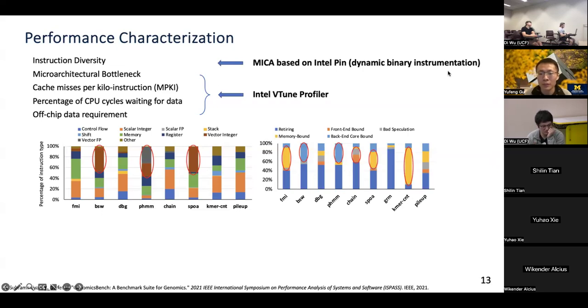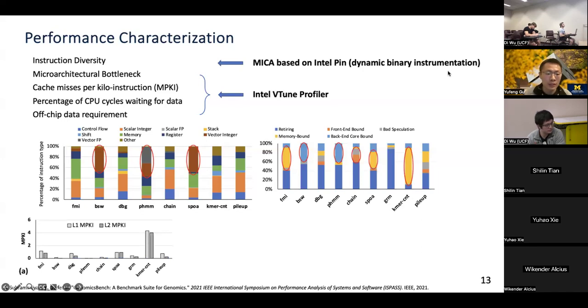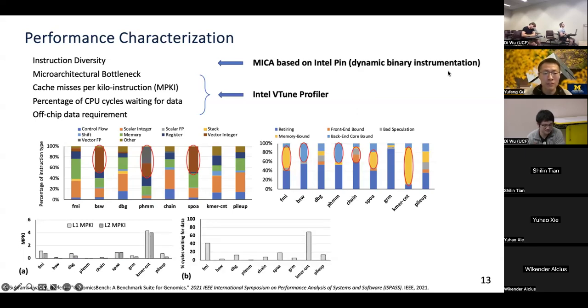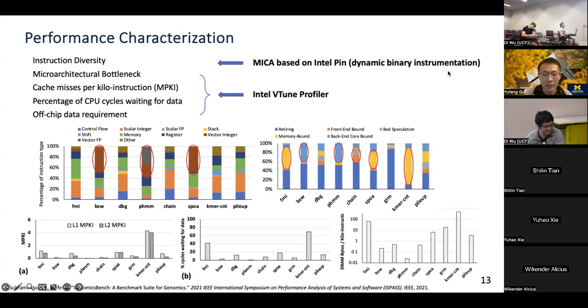There are also some kernels bounded by the front end, because there are a lot of branches in the source code, so there are bad speculation, wrong branch predictions and fallbacks. We also analyze the memory pattern, like cache misses, the percentage of CPU cycles waiting for data, and how many DRAM bits it requires per kilo instructions.